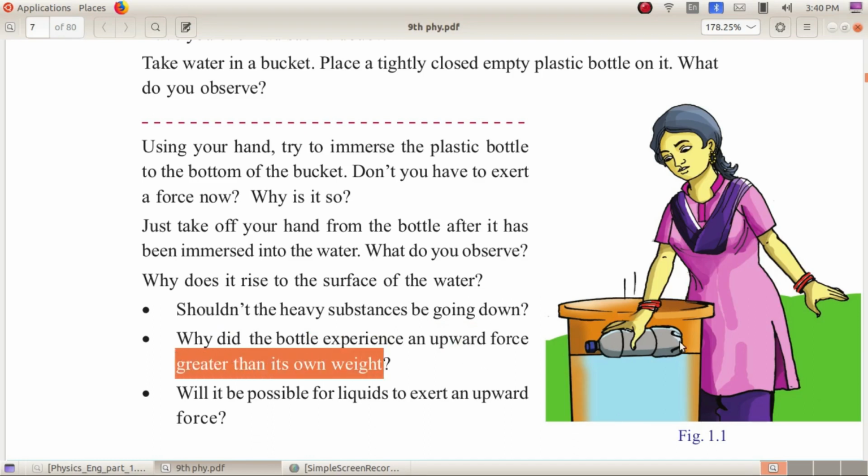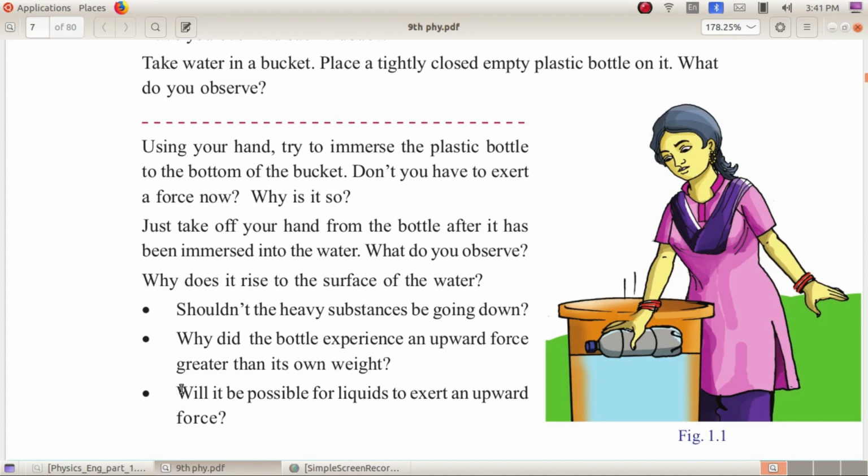We know that the weight is always acting downwards. The weight is the attraction by the earth towards its center. So every body is attracted towards the center of the earth. Thus, the weight is the force acting downwards. Now, in order to come to the top surface, the weight of this bottle should be less than the upward force.